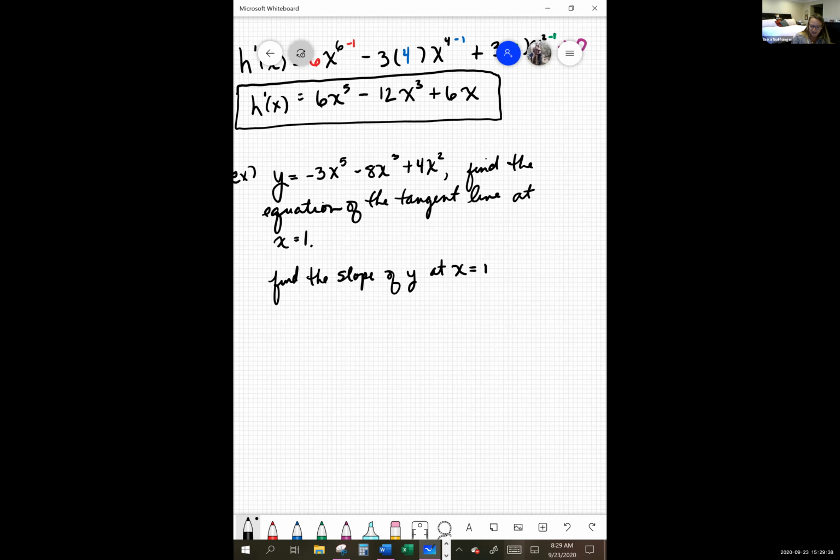And we need to find the point on the tangent line. And then we have to find the equation. So to find the slope of the tangent line, how are we going to do that at 1?